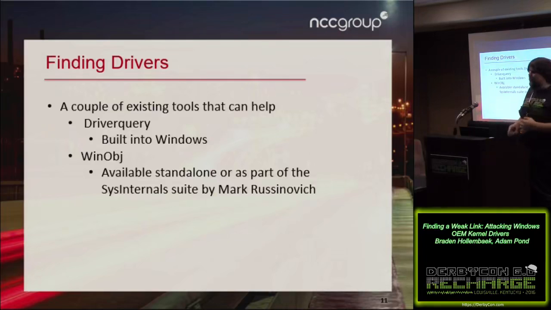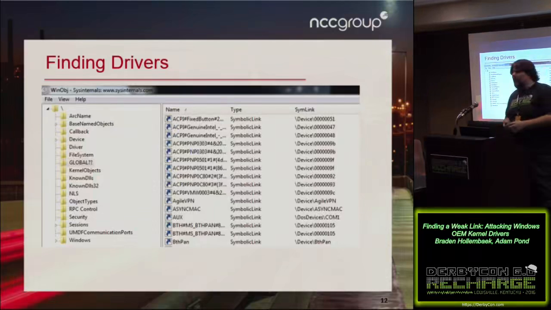It's mostly to do with Windows objects in the system, but what we needed to focus on was its ability to tell us the OEM driver's device driver symbolic link. We wanted that symbolic link so that we could pass it to our Windows kernel driver fuzzer as a way of communicating with that device driver during the fuzzing process. So to talk a little bit about the fuzzing process, device drivers in general, and the communication process, I'm going to turn it over to Braden.